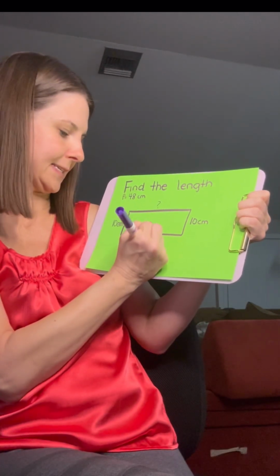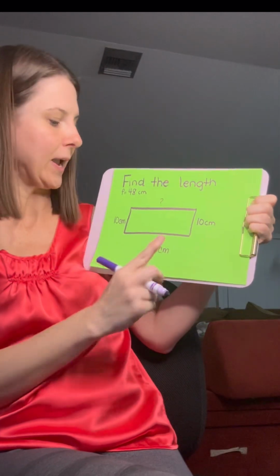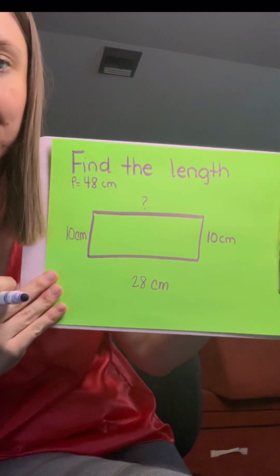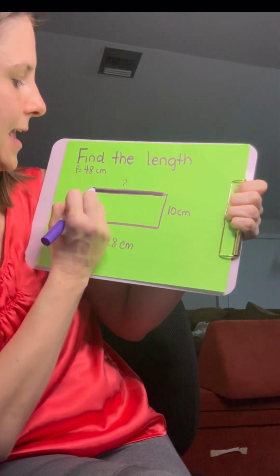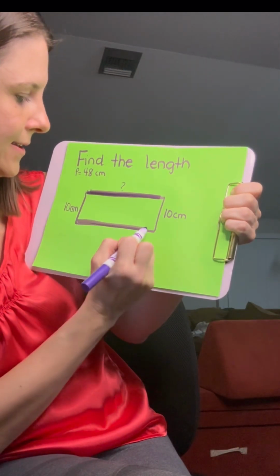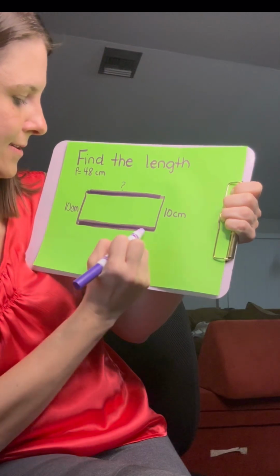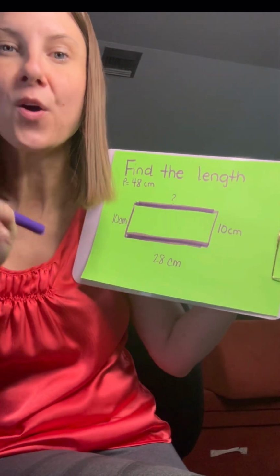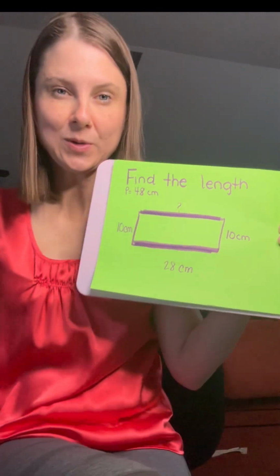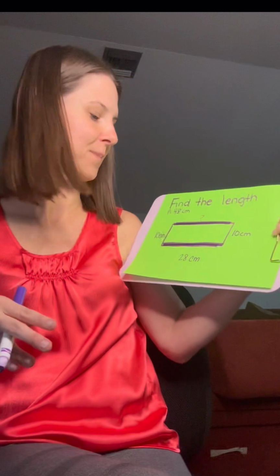So 28 centimeters. Okay, what that is saying is that this side and this side equal 28 centimeters. But I only want one side, so that's when you would have to cut it in half or divide by 2.